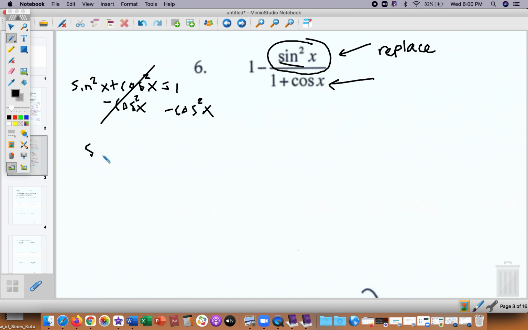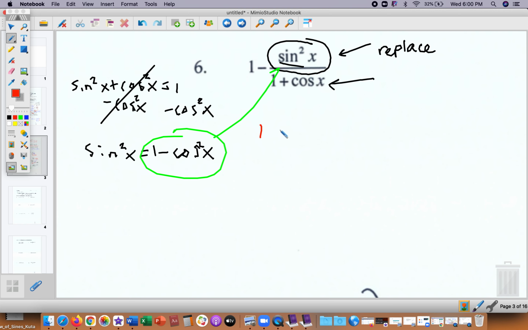So then we have sine squared x is equal to 1 minus cos squared x. Now we can do a substitution. We can take 1 minus cos squared x and substitute in the sine squared x spot.